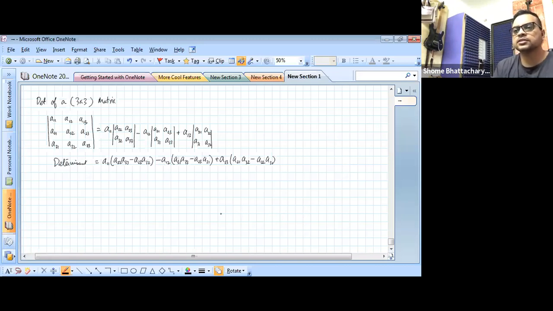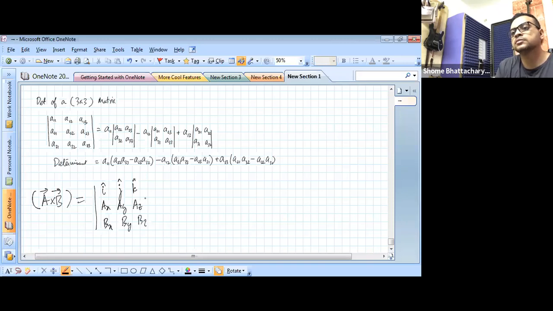Yeah, so I'm just explaining. Now you can see that A cross B can be written as the determinant of a matrix like this: Ax, Ay, Az, Bx, By, Bz.